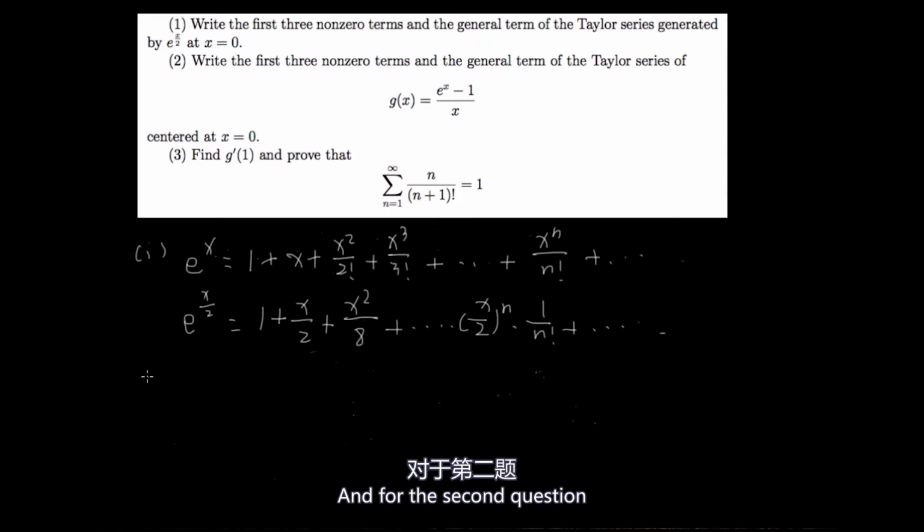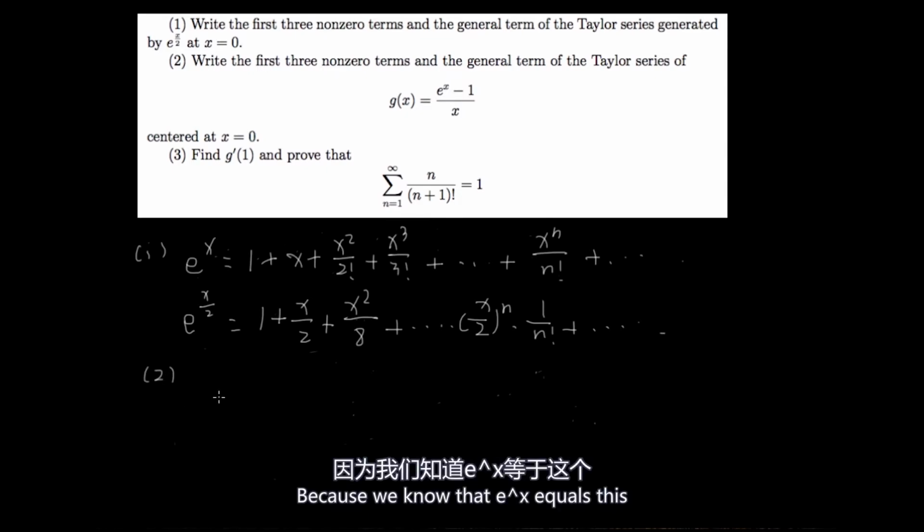And for the second question, because we know that e to the power of x equals to this, so we just need to use this to minus 1 and each term of it just divided by x.